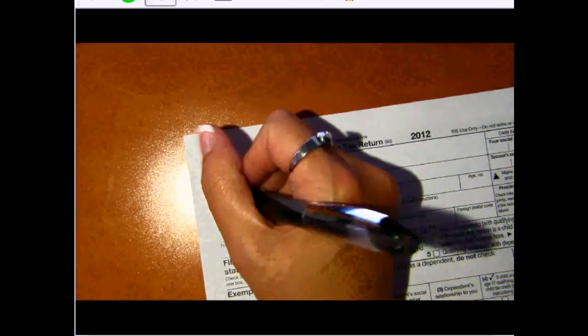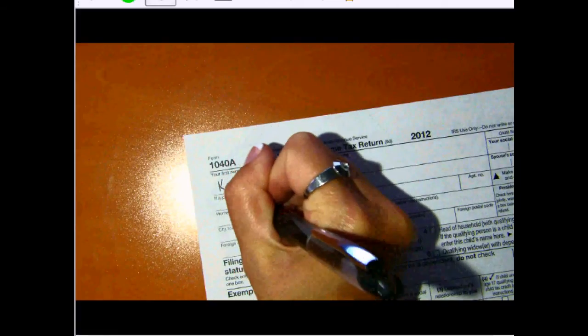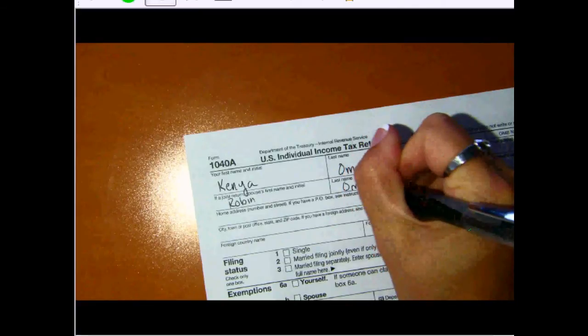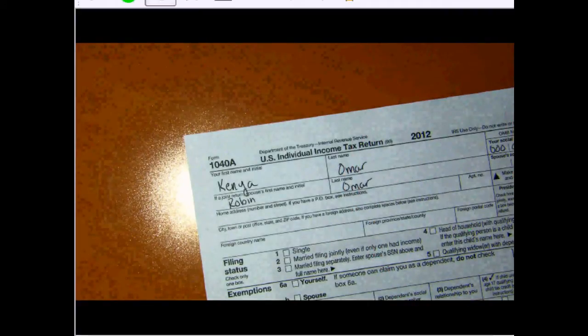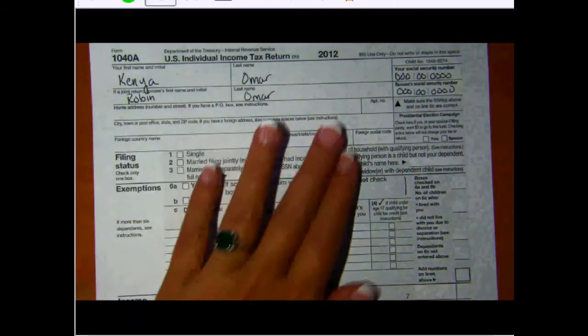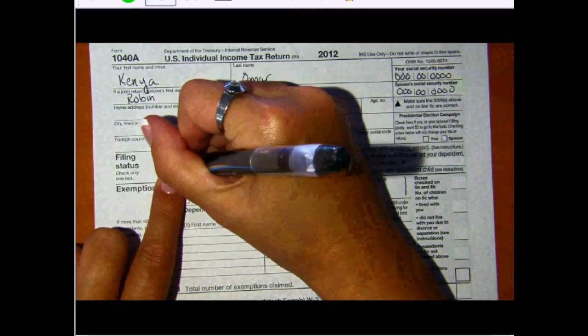Okay. First thing we want to do is fix this part. Kenya, Robin, I have no idea who's who. Strangely enough, they have the same social security number as Lori. Okay. Of course, you'd fill out the address and all that. Now, they're going to be married, filing jointly.